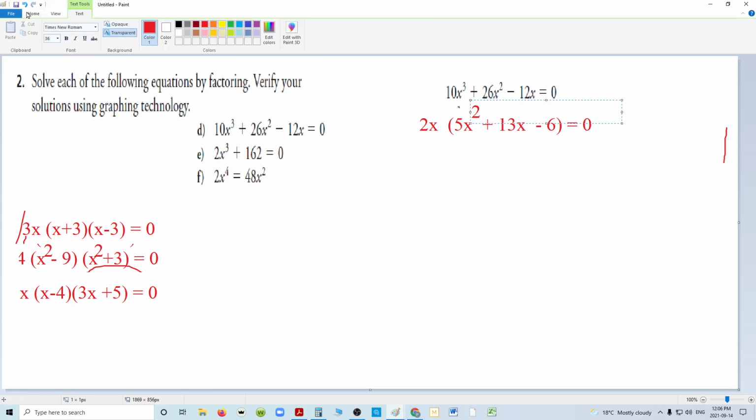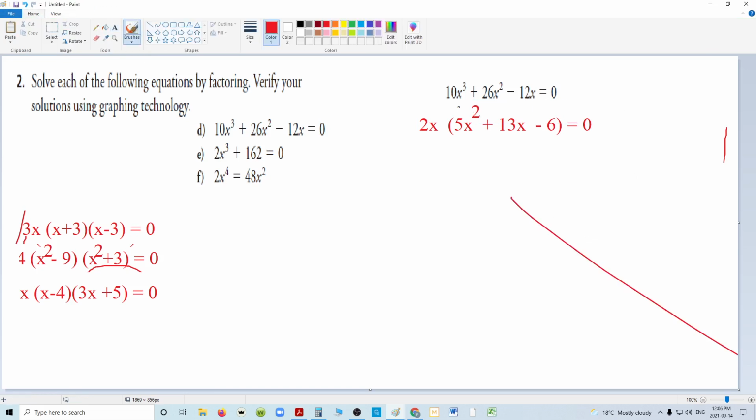So I'm looking for a number that multiplies out to minus 30 and adds up to 13. Let me make sure I get that right.